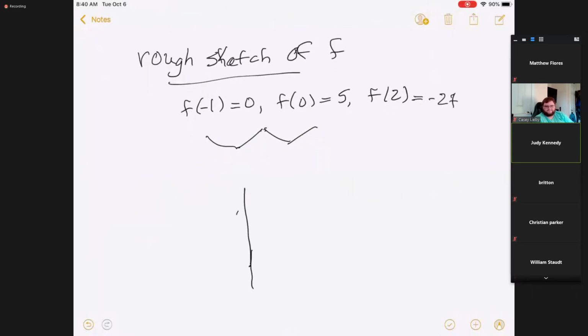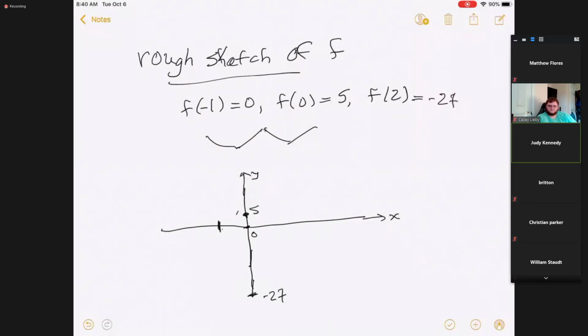I'm going to call that minus 27. And then 0. Of course, this is my x-axis and this is my y-axis. Call that 5. F of minus 1 is 0, and I'm not doing this to scale.